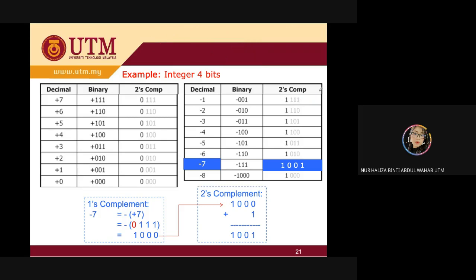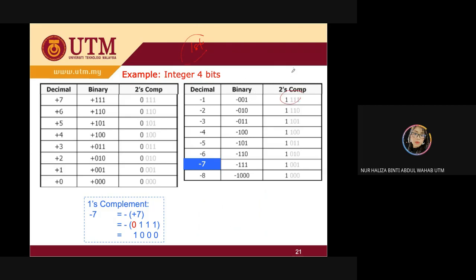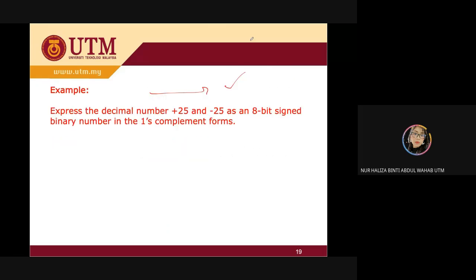Okay, then this is how basically you get the second complement from your first complement. See, when I get my first complement wrong just now, I will get totally wrong for my second complement. So please make sure you know carefully about first complement.